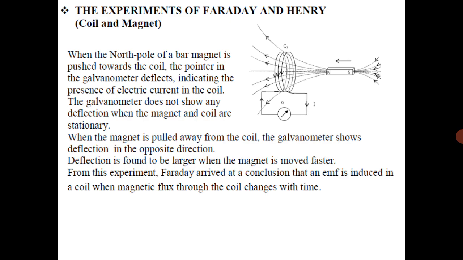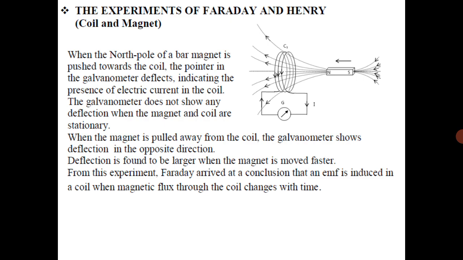When the north pole of a bar magnet is pushed towards the coil, the pointer in the galvanometer deflects, indicating the presence of electric current in the coil. The galvanometer does not show any deflection when the magnet and coil are stationary.